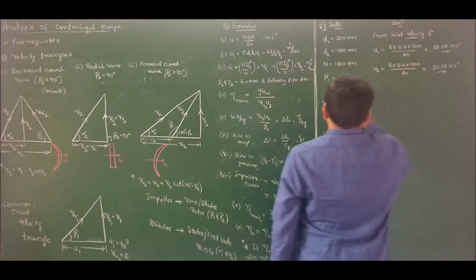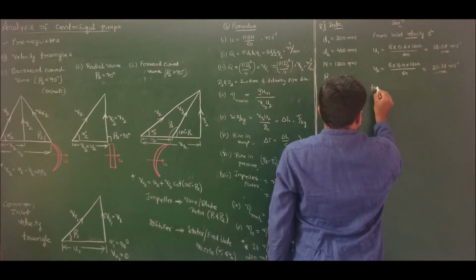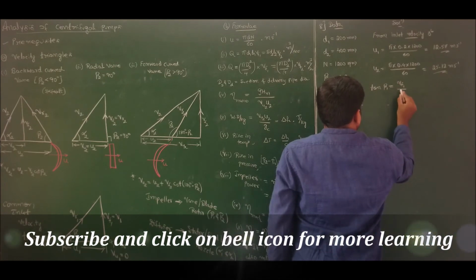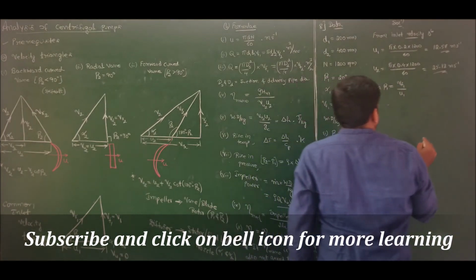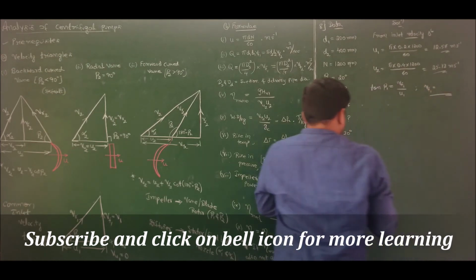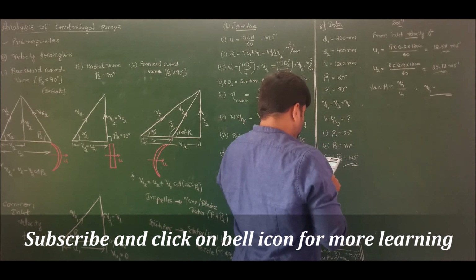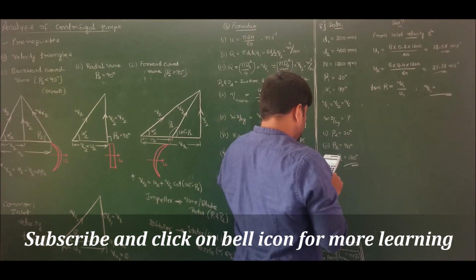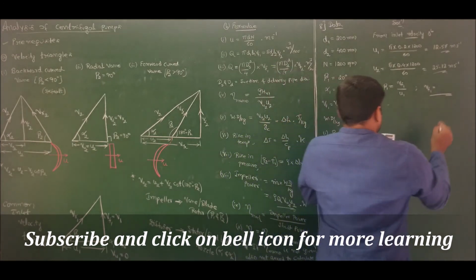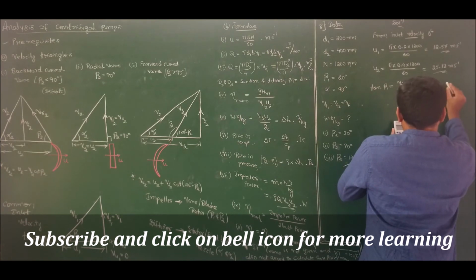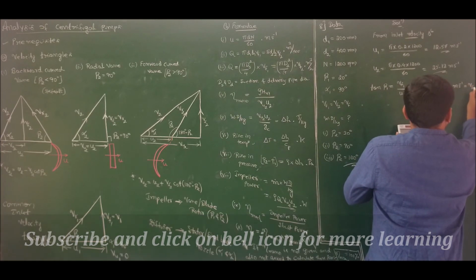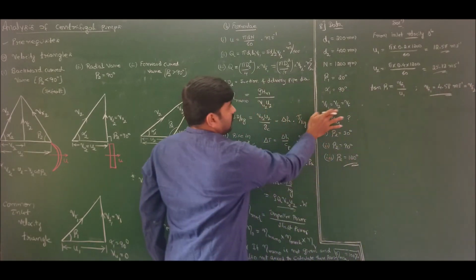Now we know the value of beta 1, so use tan beta 1. Tan beta 1 is equal to Vf1 by u1 from the inlet velocity triangle. Hence I get the value of Vf1 as tan of beta 1, 20 degrees, into u1, 12.57. So Vf1 is 4.58 meters per second. This is equal to Vf2 because he has clearly stated the flow velocity is constant.